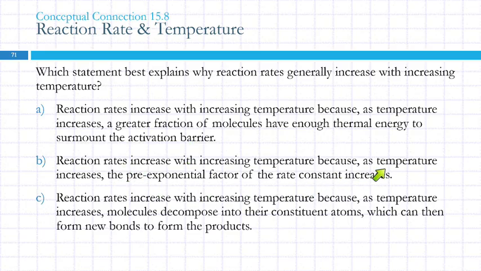B says, as the temperature increases, the pre-exponential factor of the rate constant increases. The pre-exponential, that would be the frequency factor. And the last one says it increases because molecules decompose into their constituent atoms, which can then form new bonds to form the products. What do you think?